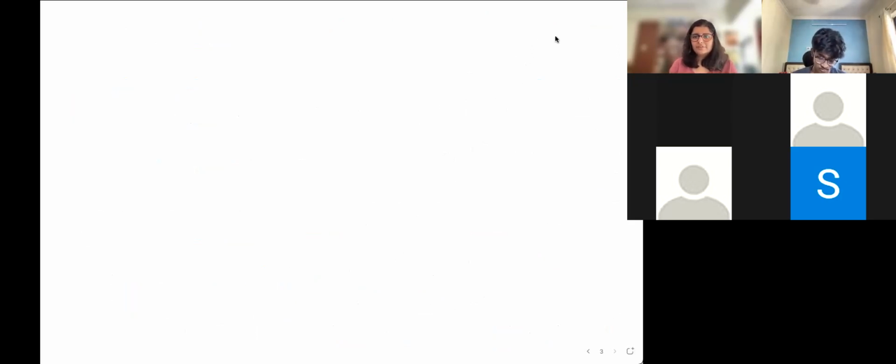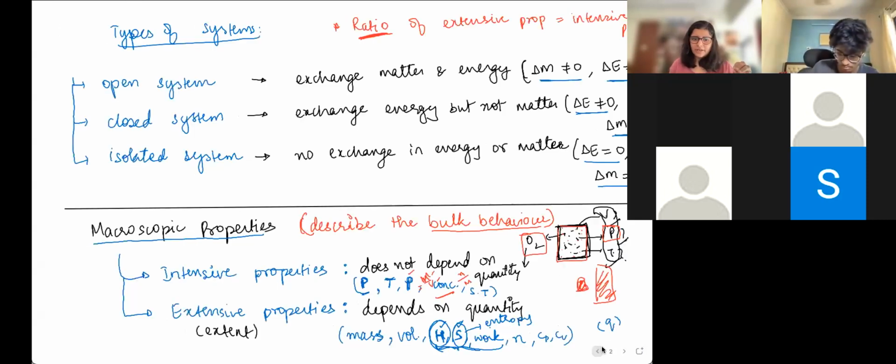Then we have something called state functions and path functions. Macroscopic properties are separate from these. Among macroscopic properties, you have intensive and extensive properties, which you use to describe a particular substance.